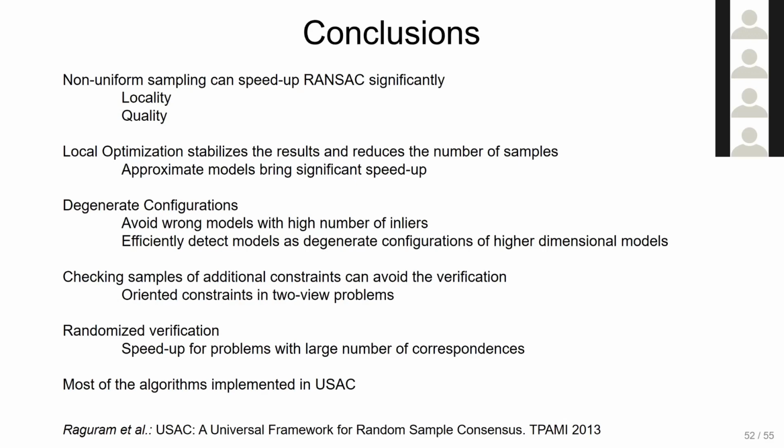Then I spoke about checking samples for additional constraints, which can completely avoid verification by dropping models that are implausible, and these constraints are often seen in two-view geometry problems. Then I spoke about randomized verification, where you can significantly speed up problems with a large number of correspondences.